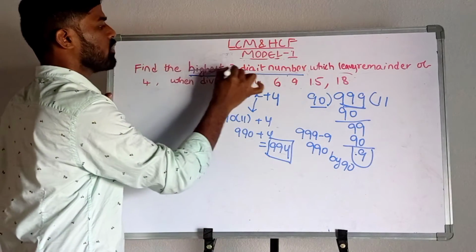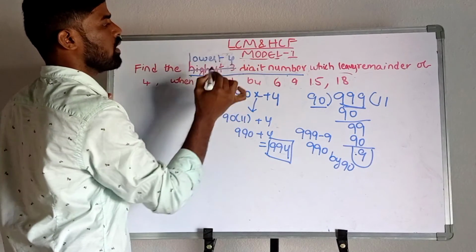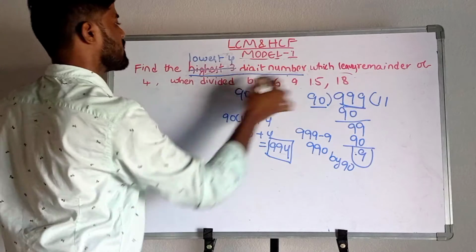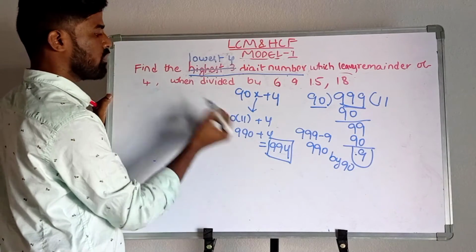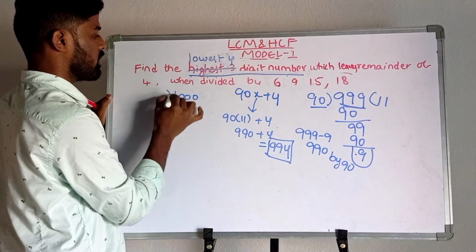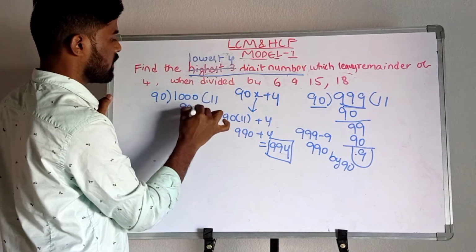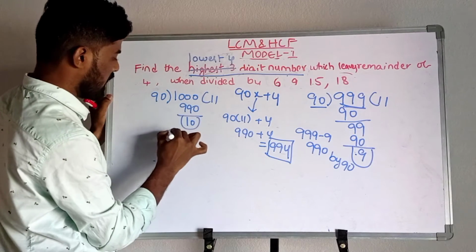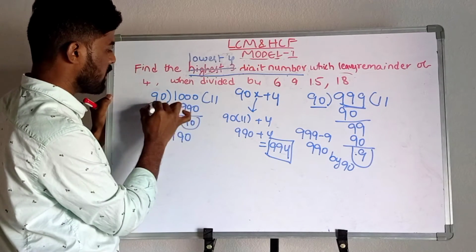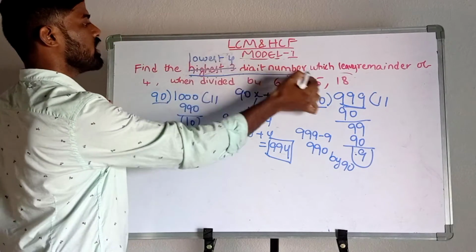If we have to find the lowest 4-digit number which leaves a remainder of 4 when divided by these 4 numbers, our lowest 4-digit number is 1000. We divide this by 90. 90 into 11 is 990, remainder 10. That means 990 is completely divisible by 90. But we have to find a 4-digit number.